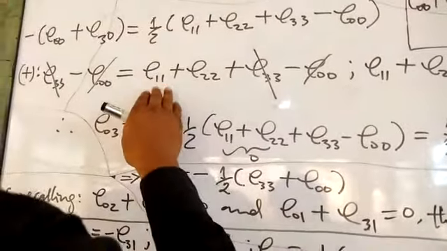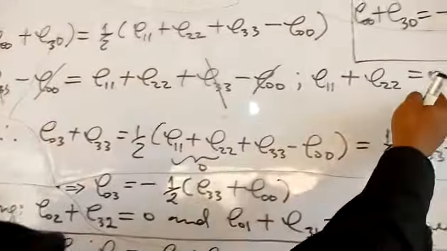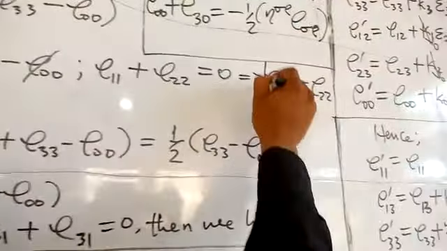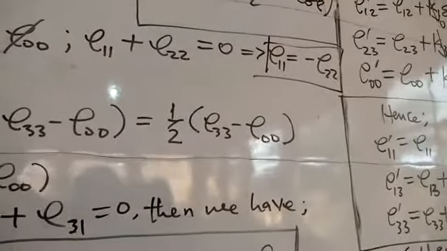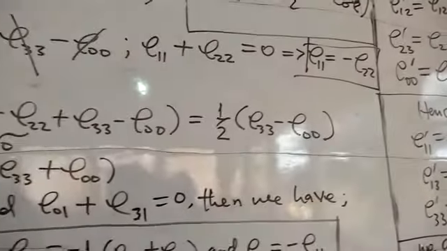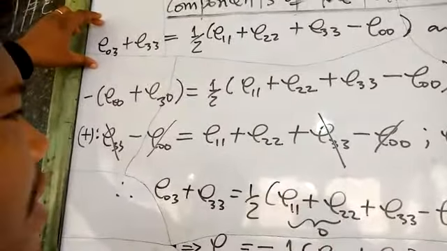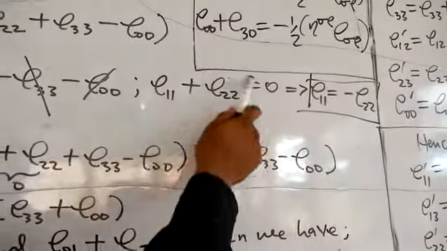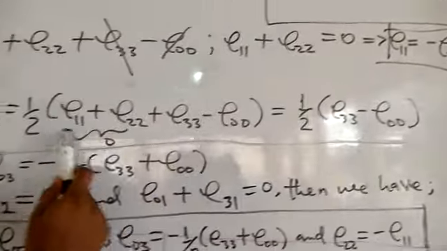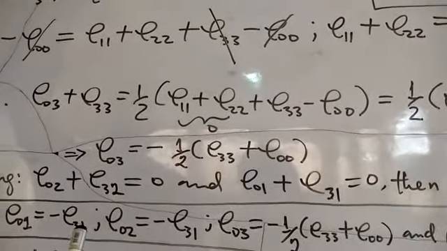I'm left with E sub 1, 1 plus E sub 2, 2 equal to 0, which will imply that E sub 1, 1 is equal to minus E sub 2, 2. Now, of course, looking at the first expression here also, if I make use of this expression, then it means that the first two terms in that expression are 0.